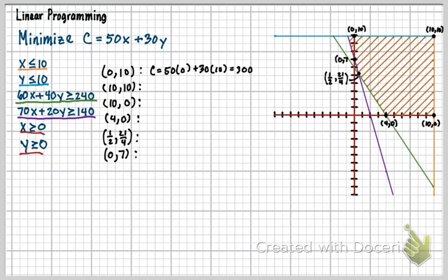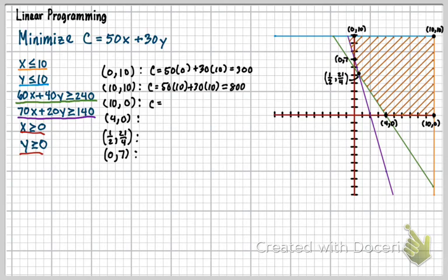Now 10 and 10, so C equals 50 times 10 plus 30 times 10. And that's going to be 500 plus 300, so that equals 800.